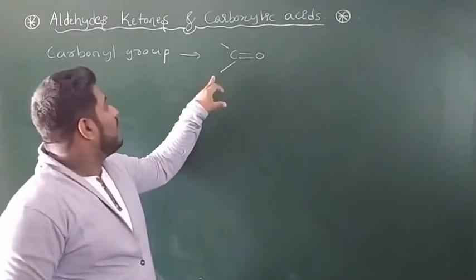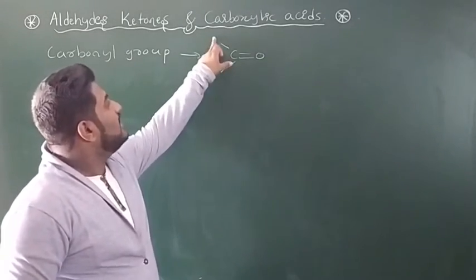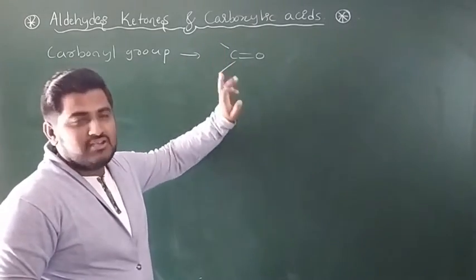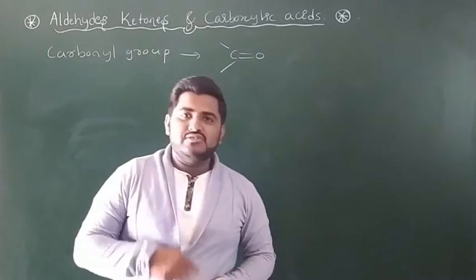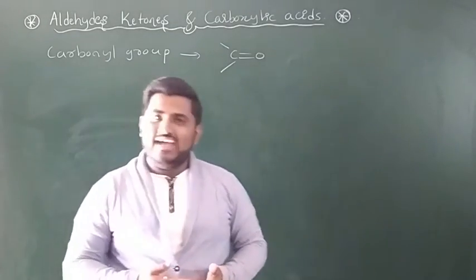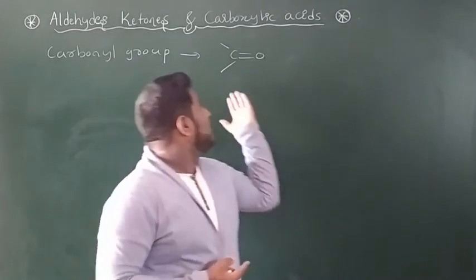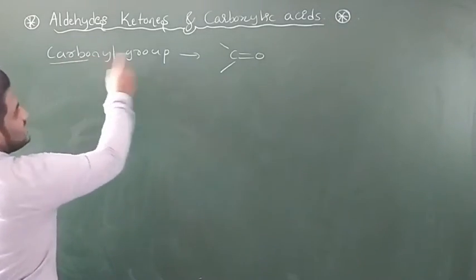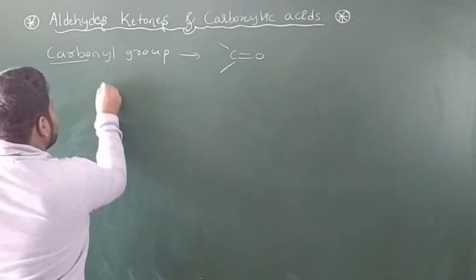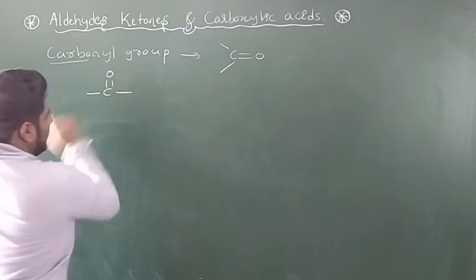So depending upon whatever group is attached to the remaining valencies of the carbon, we get different names: aldehyde, ketones, carboxylic acid, acid halides, and remaining like that only. Okay, so let us start with that carbonyl group. You know this is our carbonyl group.